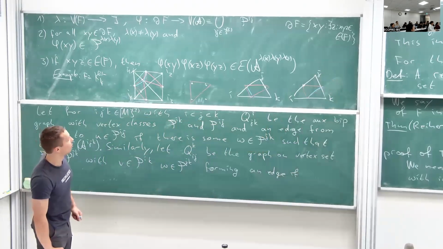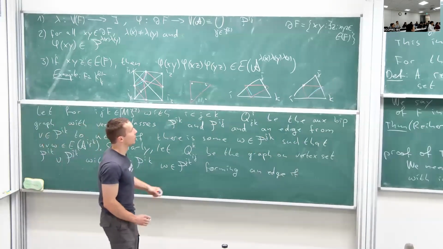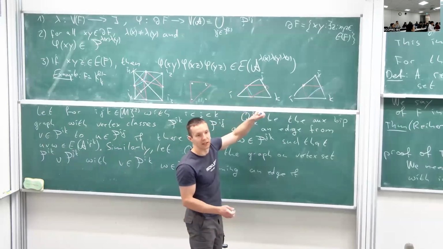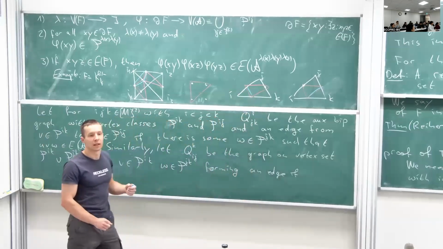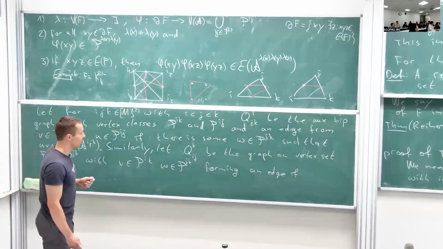The shadow of what? Of AIJK or an edge in AIJK. Yeah, but we don't want all of these graphs, right? We just want the shadow in one direction. Right, so the shadow splits into three graphs, but we only care about two of them. Ah, okay.